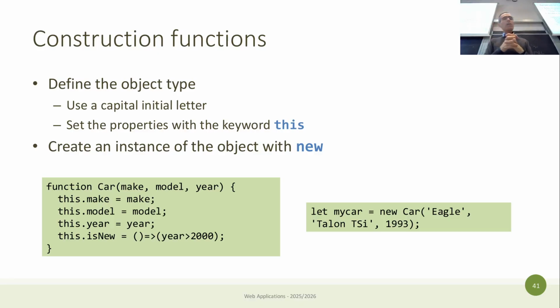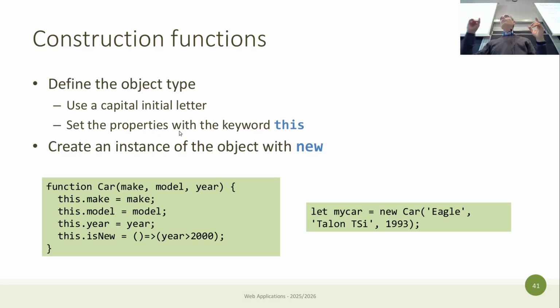And how do you do this? Well, actually, you define standard, normal functions. Just for our convenience, I mean, not JavaScript convenience, it's not mandatory, but use the capital letter for the function, so you just remember that it has been defined as a constructor function.